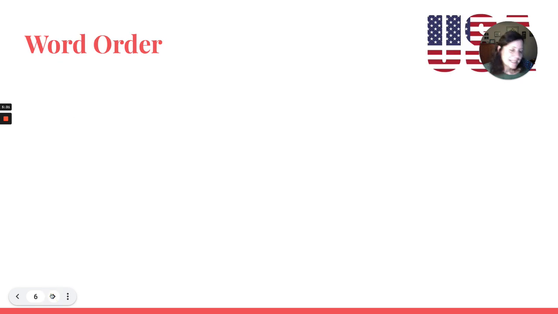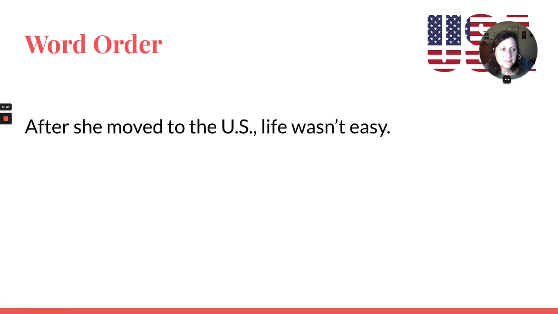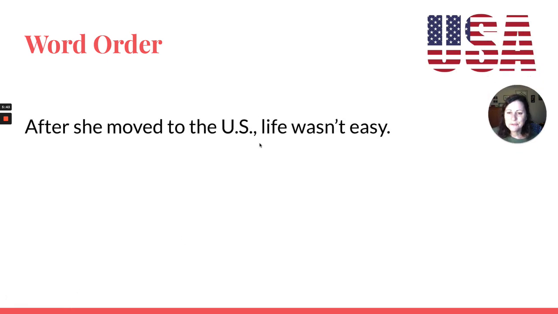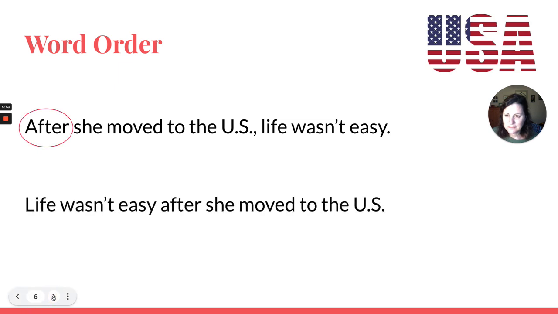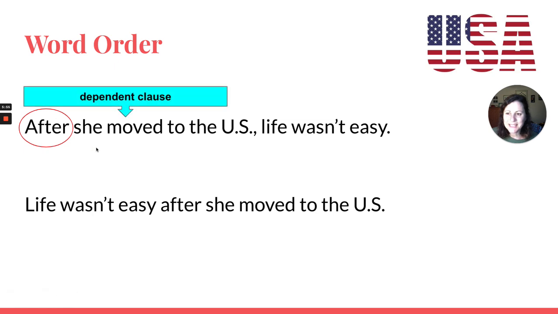Okay, let's talk a little bit about word order. This can be very important in English writing, and it can vary from language to language. After she moved to the US, life wasn't easy. Where's my dependent clause? It's right here at the beginning.